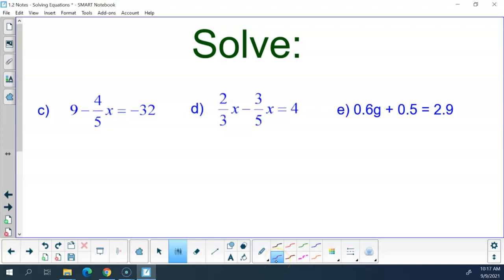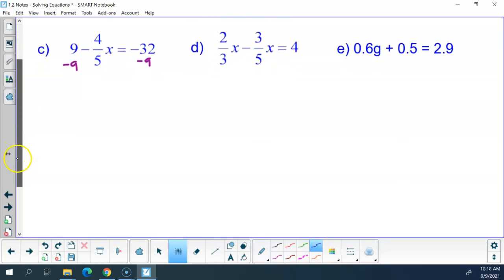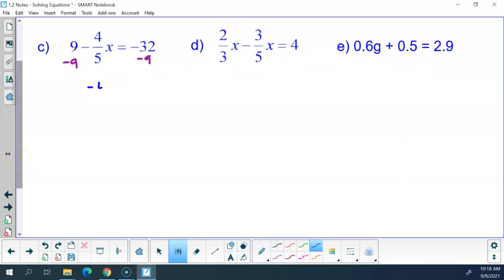So first off, I'm going to subtract 9. That leaves me with this. Oh, what's that? Negative 41.